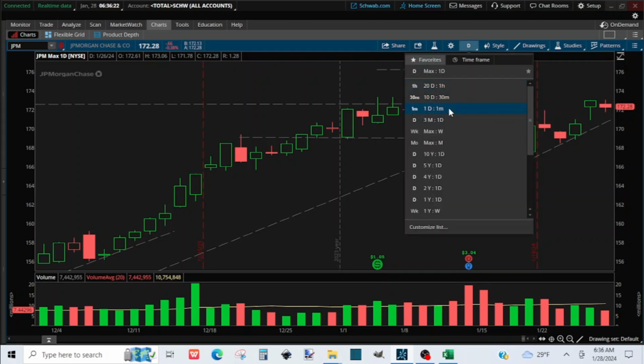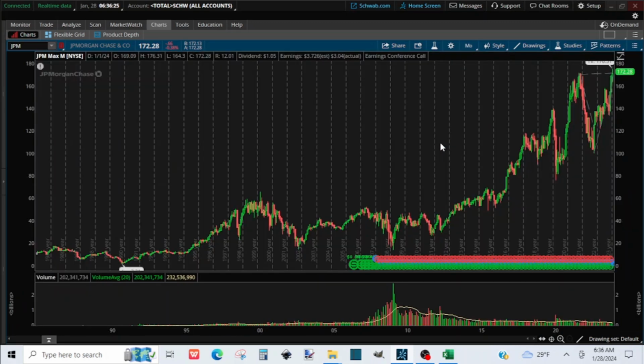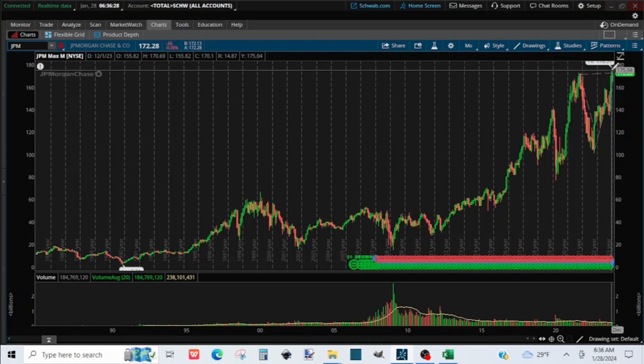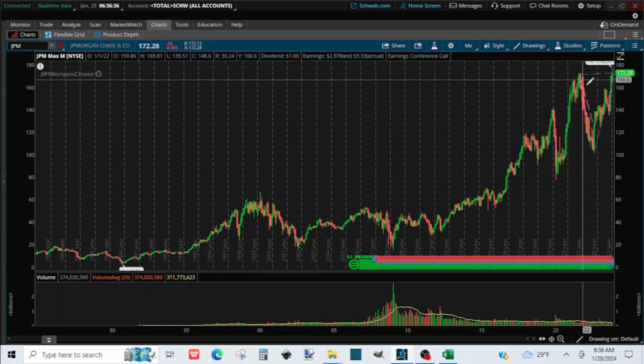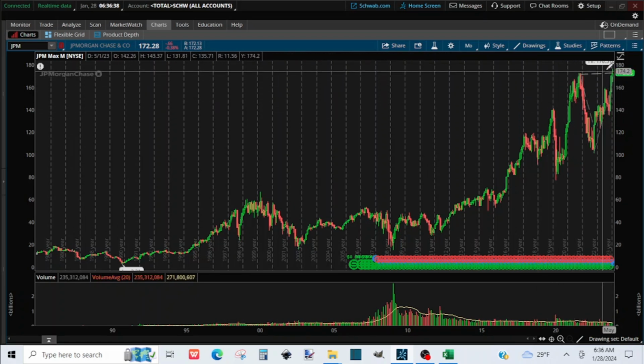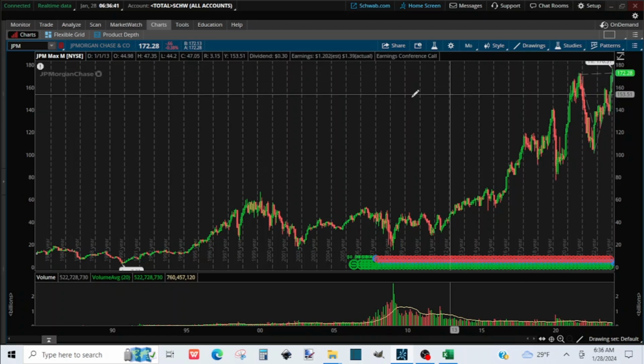So I'm going to go to the maximum monthly chart. The price is here, and there is no mountain behind it. It crossed this peak already, and therefore it is in an uptrend.